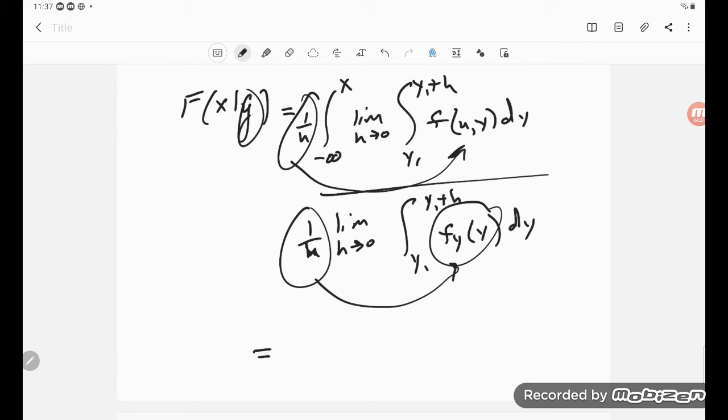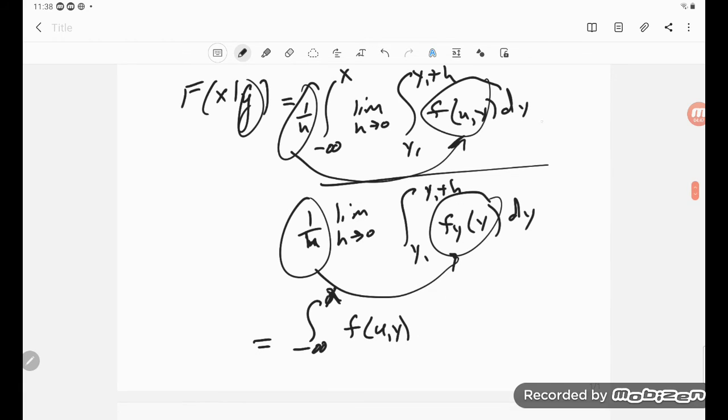We just got back that function by taking that limit. And so we get the integral from minus infinity to x of f of u and y du.